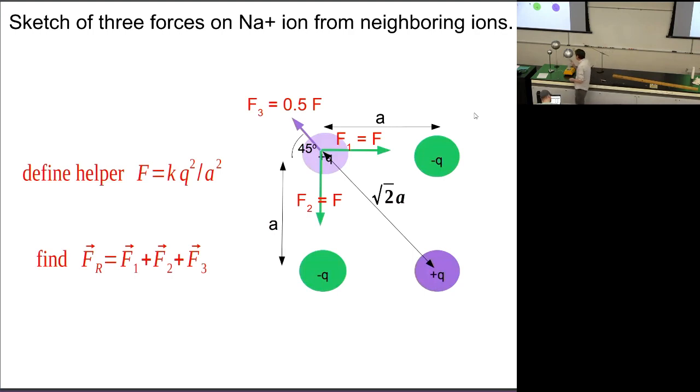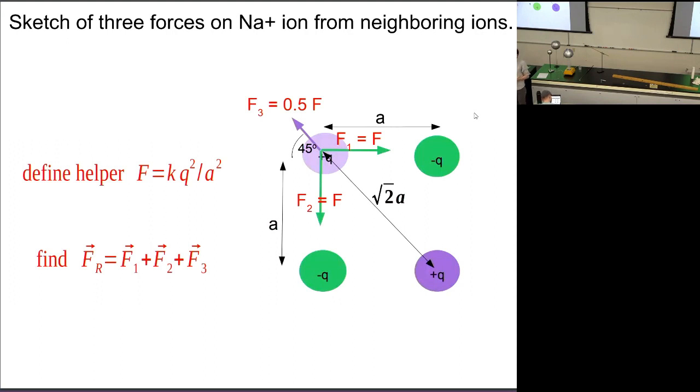To help me do the calculation of the total force due to the individual forces, we're going to find the resulting force by summing these 3 forces. I needed a helper. A helper in this sense is just a symbol I'm going to use as an abbreviation for a combination of symbols that comes up time and time again.